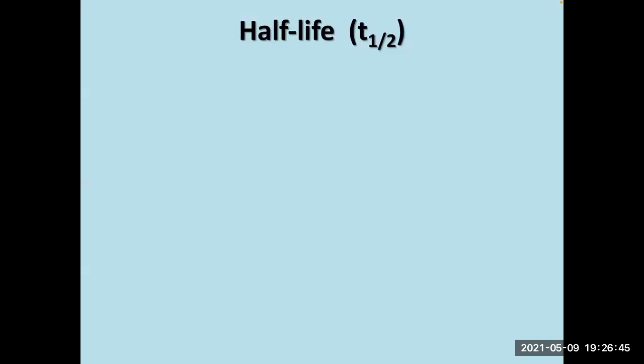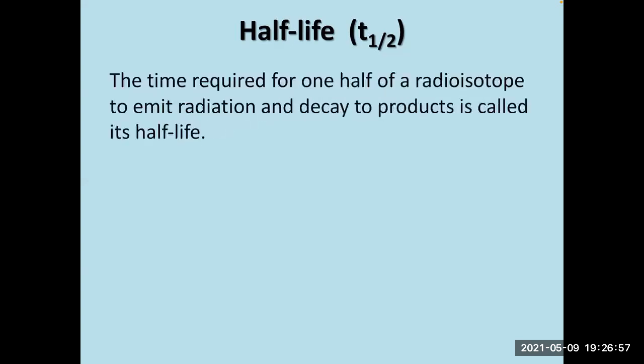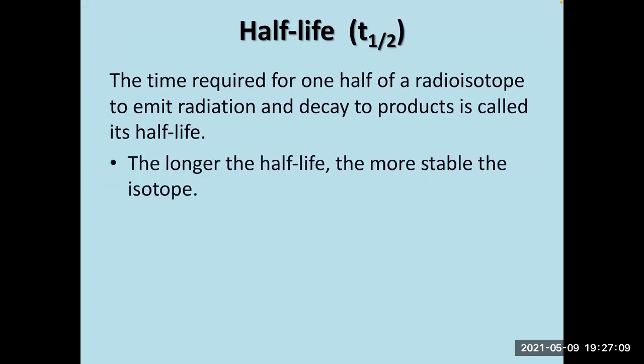The quicker something decays or breaks apart, the more radioactive it is, the more dangerous it is. And we can do that by calculating the half-life. So basically, half-life is the time required for 1/2 of the radioisotope to emit radiation and decay to its products. And so the longer something takes to decay, the more stable it is.